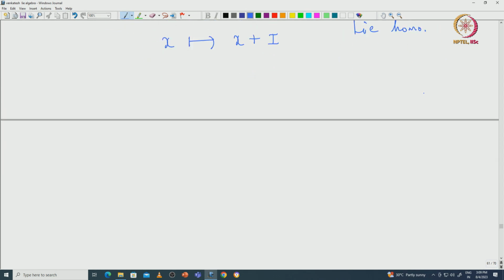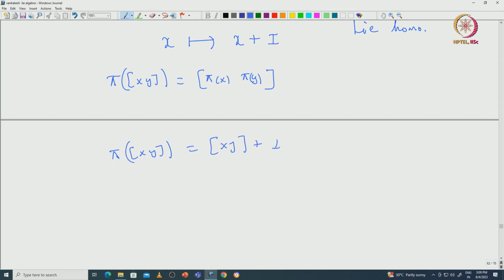What does it mean to be a Lie homomorphism? You take the bracket of x, y and look at the image of that, then that should be the bracket of pi of x, pi of y. But what is pi of bracket x, y? It is nothing but bracket x, y plus I. By definition that is the bracket of x plus I, y plus I, which is nothing but the bracket of pi x, pi y.